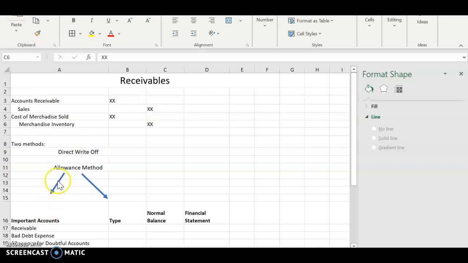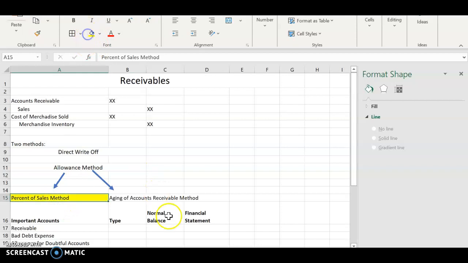The second method, which is in compliance with GAAP and it does follow the matching principle, is called the allowance method. Under the allowance method, we're going to be estimating our bad debts. And we'll have two methods to estimate our bad debt expense, and those two methods are the percent of sales method and the aging of receivables method.